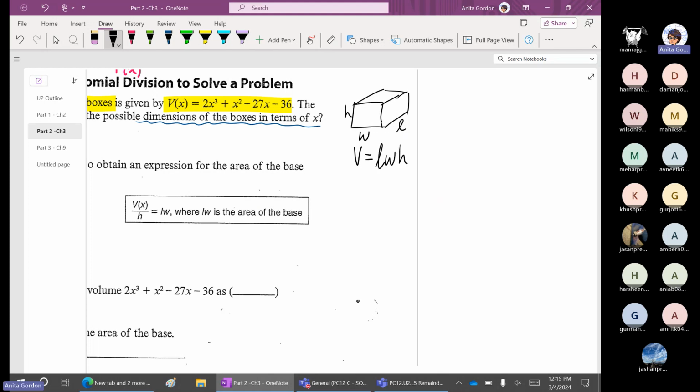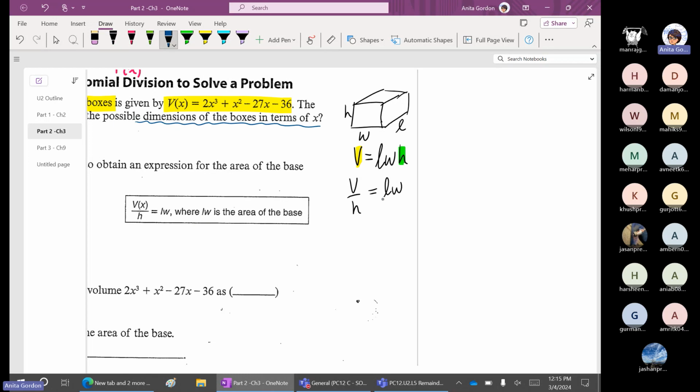Length times width times height. So we know the volume V, and we know the height H. Volume is represented by a cubic. If I take V divided by H, I'm left with L times W.